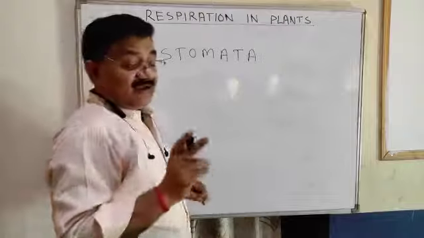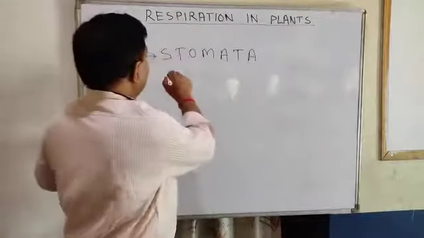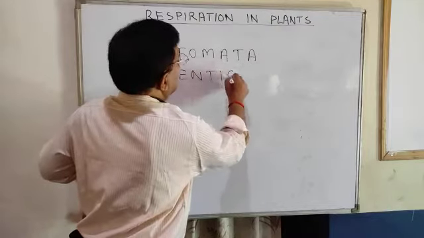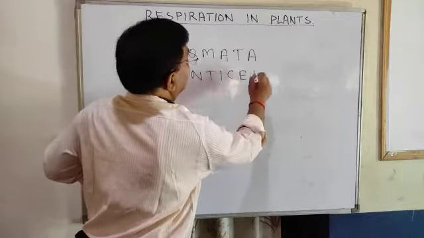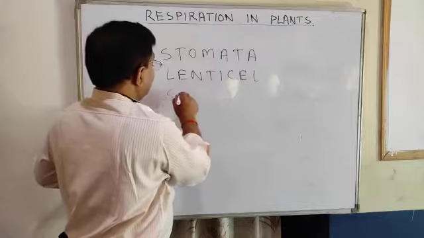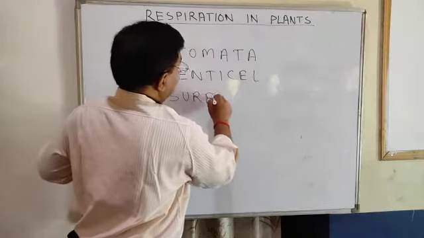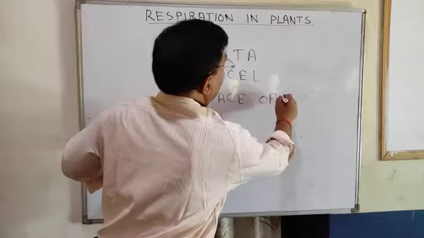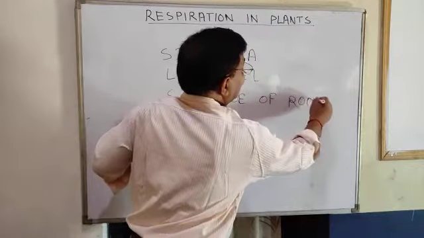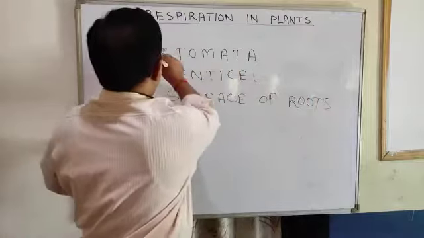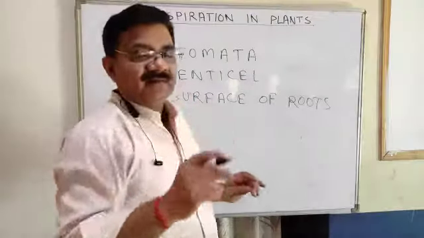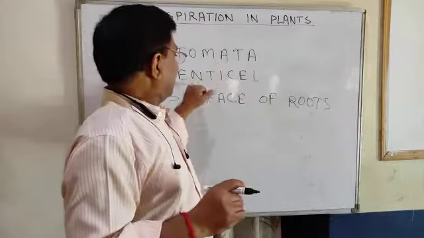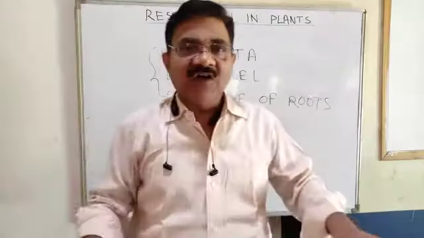One is stomata, second is lenticels, and third is the surface of the root. Through these three things a plant can breathe.